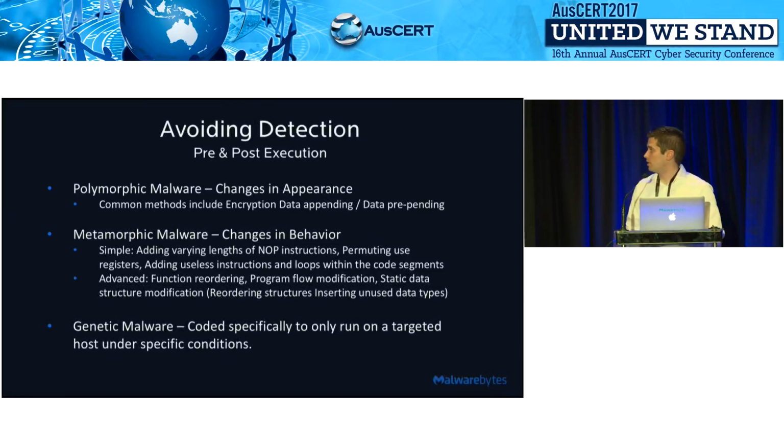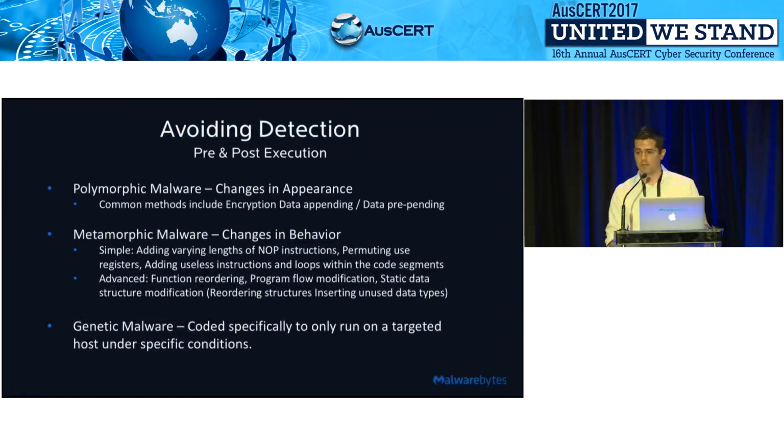The first I would call polymorphic malware, and really these are techniques by which malicious attackers adjust the appearance of malware to avoid detection, so pre-execution detection before something runs. The second category I would refer to as metamorphic malware.